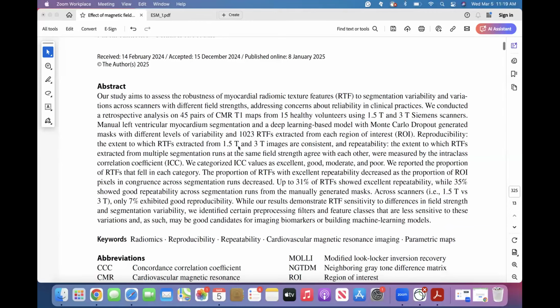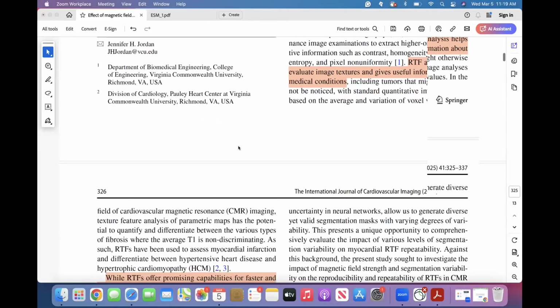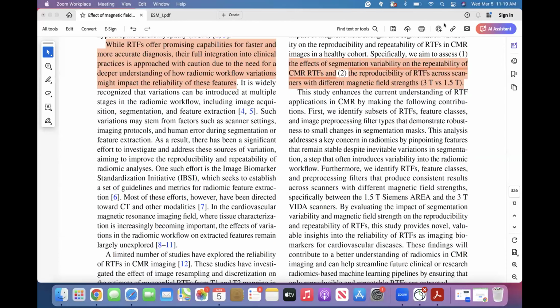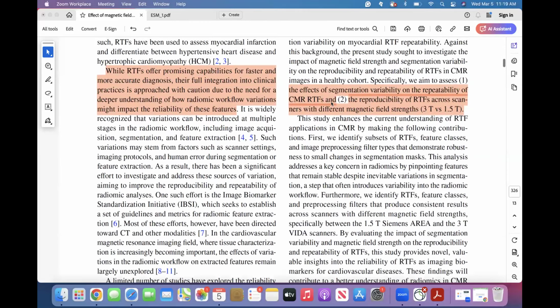Thank you, Dr. Jordan. So I'll go straight to our aims. We had two main aims for these studies. One was to assess the effects of segmentation variability on the repeatability of myocardial radiomic texture features.